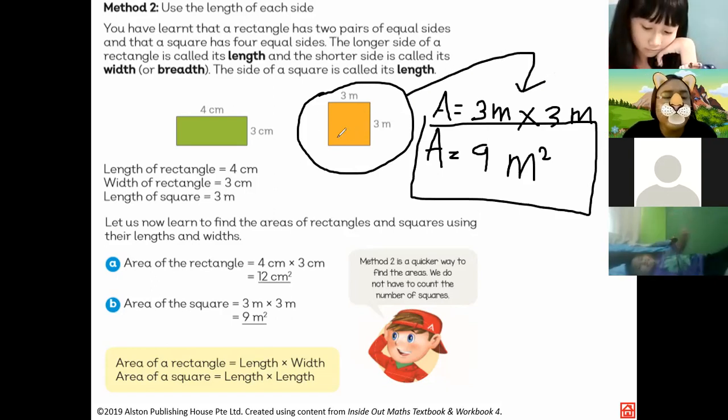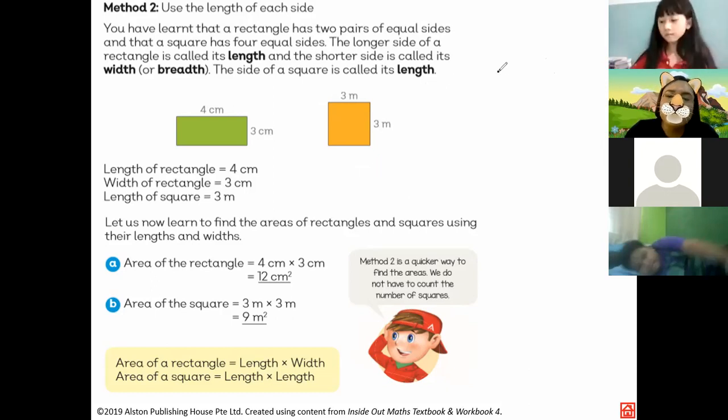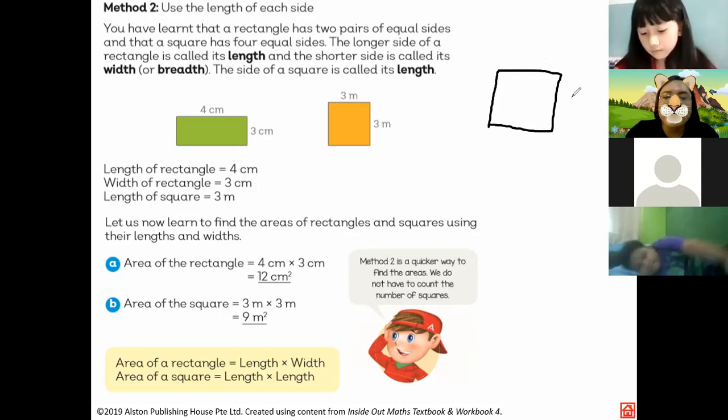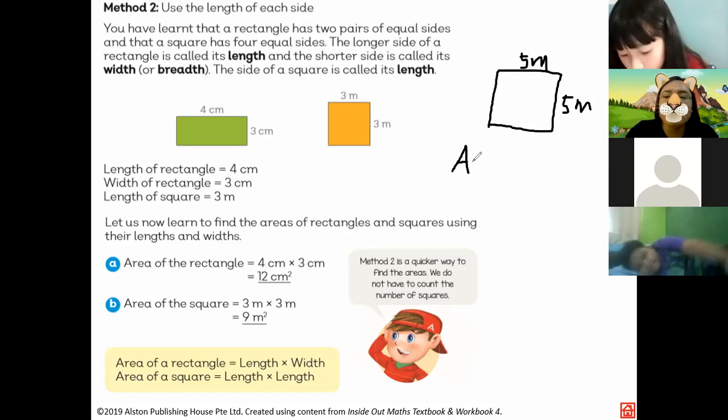This is for the square. Okay, another example. Let's say I have a square right here, and the measurement for the width is, let's say, 5 meters, and here it's also 5 meters. Find the area of the square.